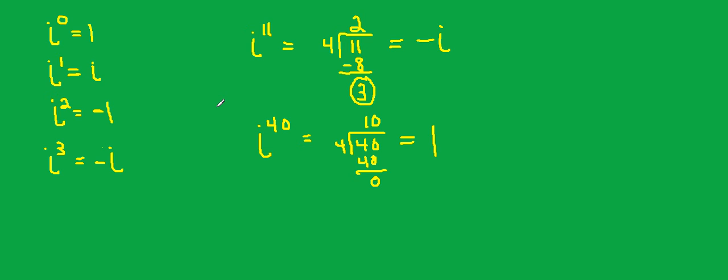Okay, how about one or two more? How about i to the 50? 50 divided by 4 is 12. 12 times 4 is 48. I have a 2 remainder, so i to the 50 is going to give me negative 1.